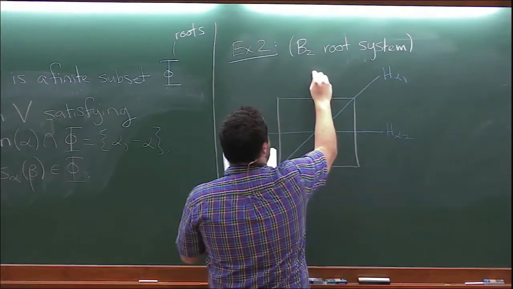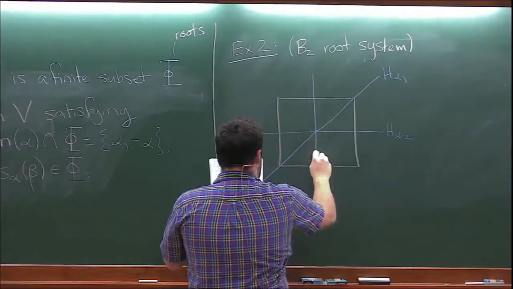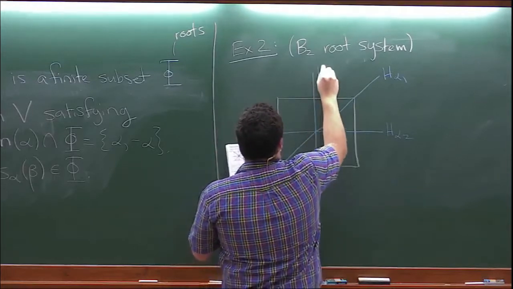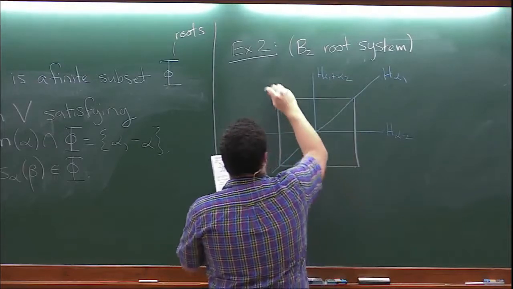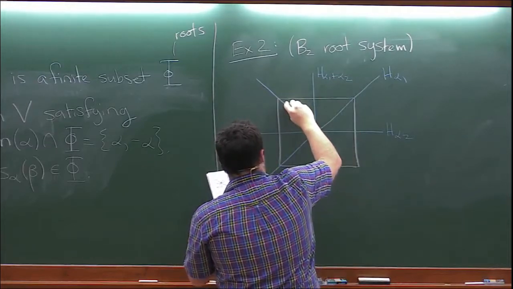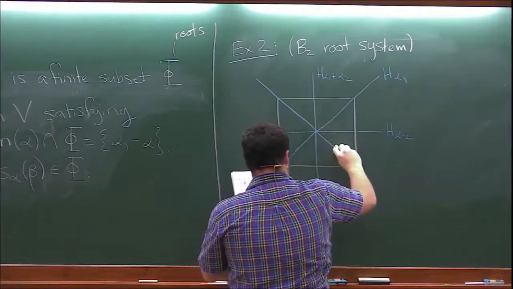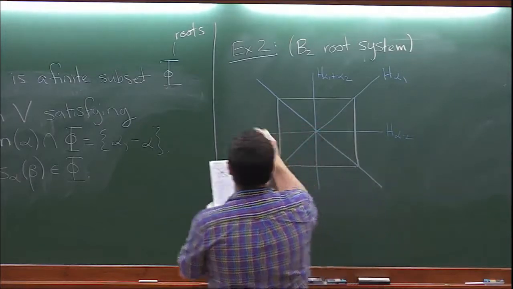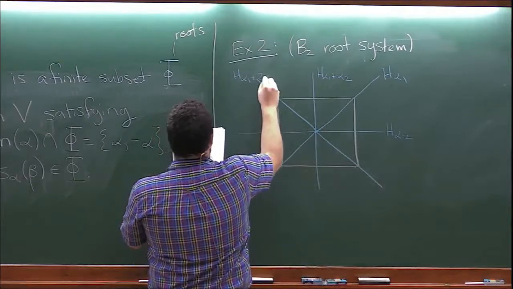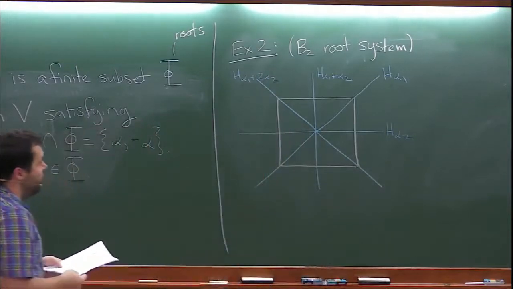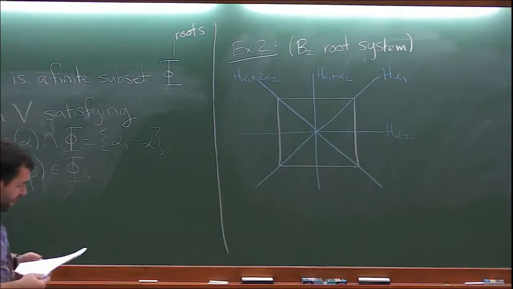And I'll call this one H alpha 1 plus alpha 2. And this is another reflection you can do, H alpha 1 plus 2 alpha 2. So these are a bunch of reflecting hyperplanes.